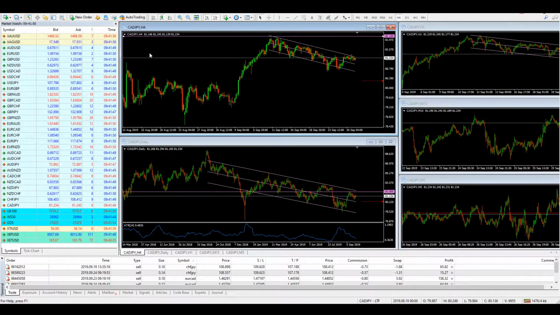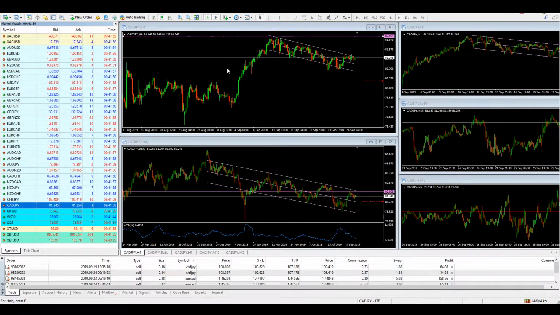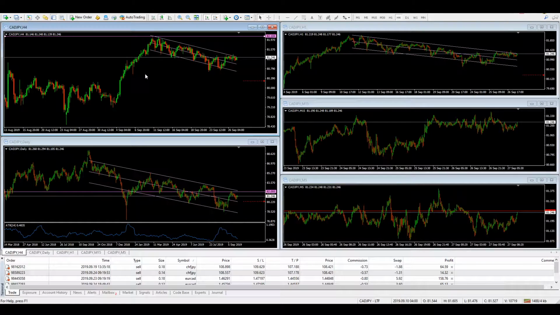Just thing to be aware about is the swaps on this. So this is likely to be something you're going to have to carry into the weekend, and the swaps are quite hefty on this with my broker. But you know, minus 7.3 for me with my broker per lot.